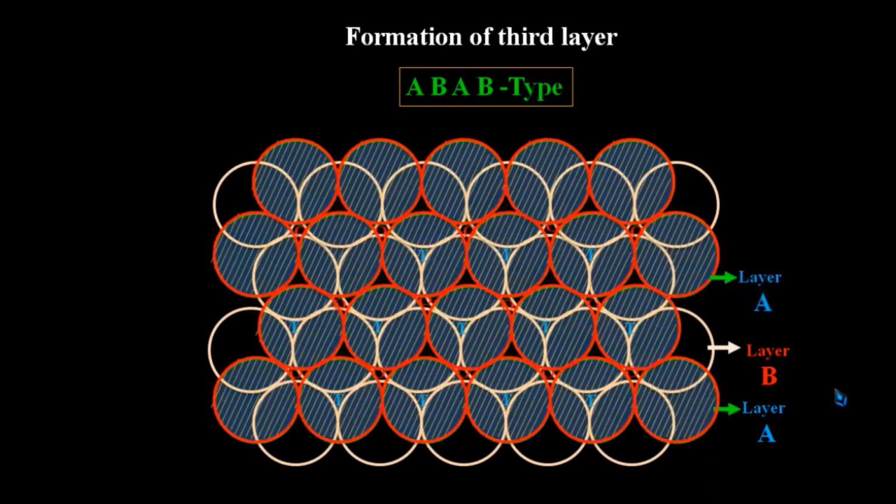We arrange the spheres of the third layer. Then here we see the spheres of the third layer are exactly aligned with the spheres of the base layer or first layer, and here we cover the tetrahedral voids, which are formed due to a combination of one sphere of the base layer and three spheres of the second layer.